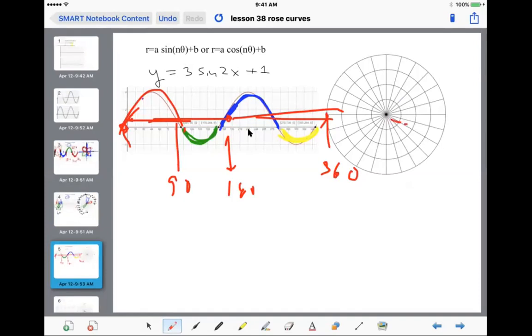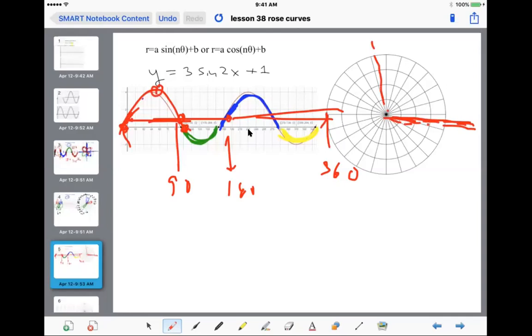So I'm going to go like this. I'm going to make my guideline just a little bit below the 0. And I'm going to make this, because it's not these 2 points that matter. It's the actual x-intercepts that matter. That's what forms the petal. That one's slightly bigger than 90. So I'll go like that. And my first petal, well, the high point is going to be at 4. The other ones always had the high points at 3. It's halfway between, approximately. It's hard to draw exactly where it is.